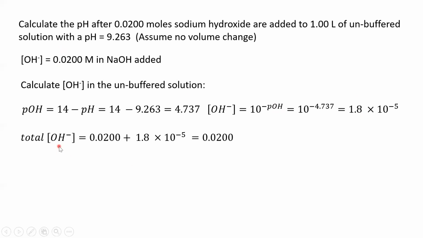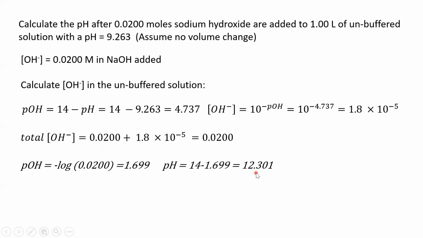So the total hydroxide ion concentration is going to be the sum of the two. But 1.8 times 10 to the minus 5 is insignificant relative to 0.0200. So the hydroxide is coming from the sodium hydroxide, not from the unbuffered solution.